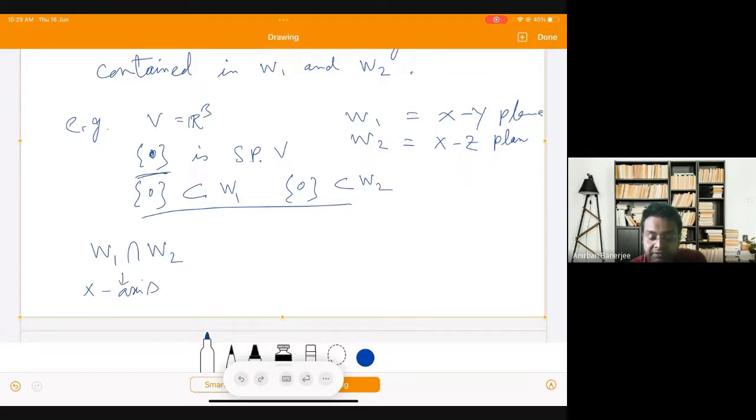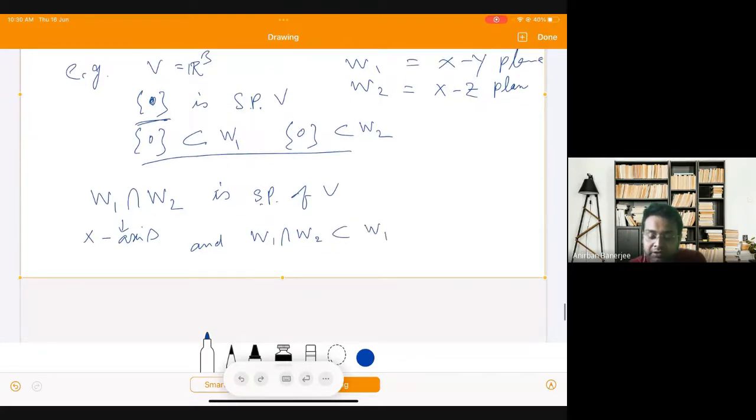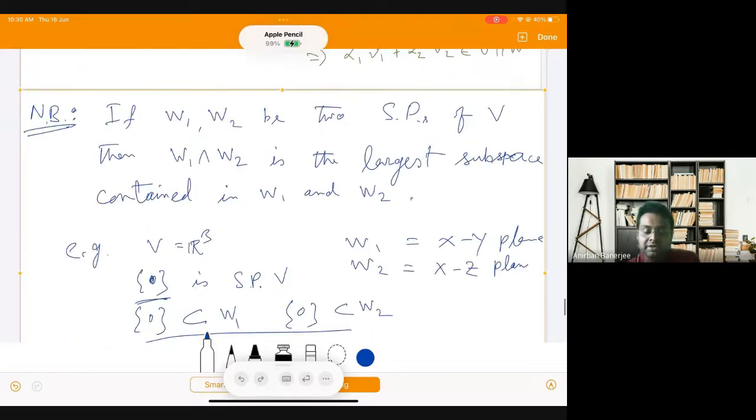So this is also a subspace of V, and of course W1 intersection W2 is a subset of W1 as well as a subset of W2. Write down this. Okay, now is the statement clear?